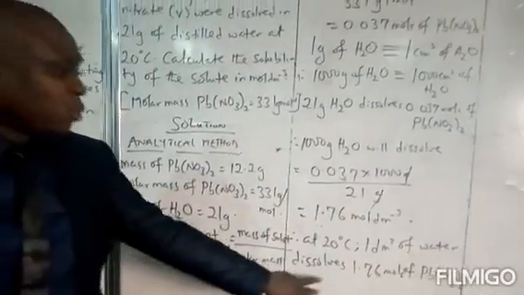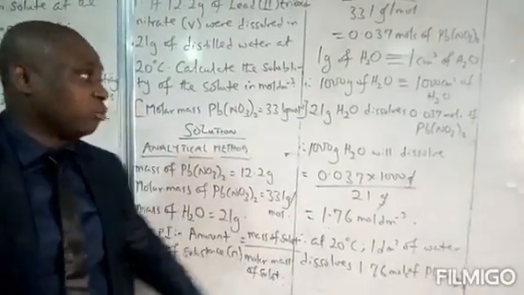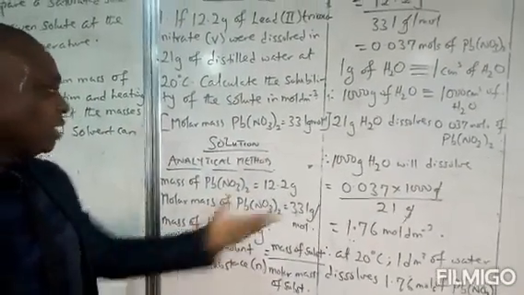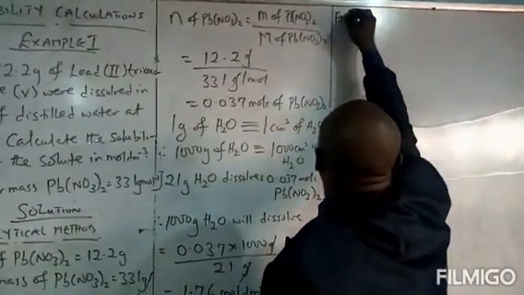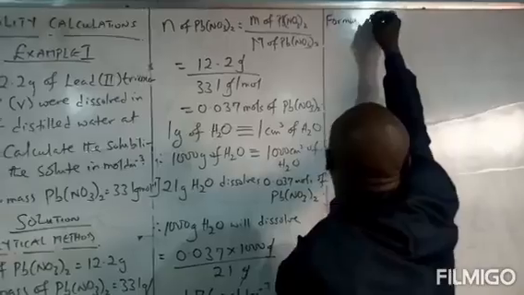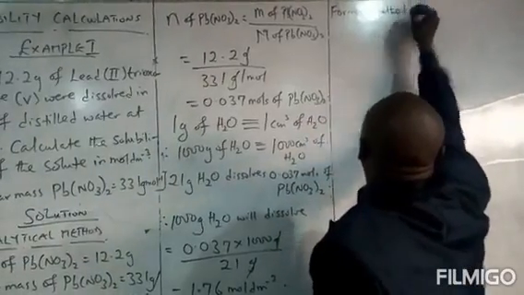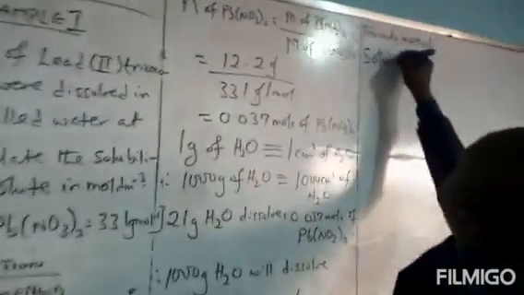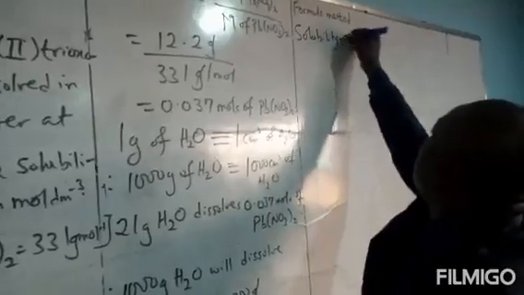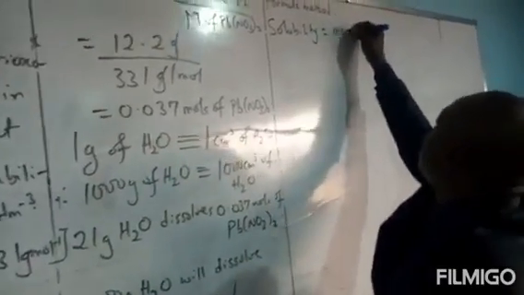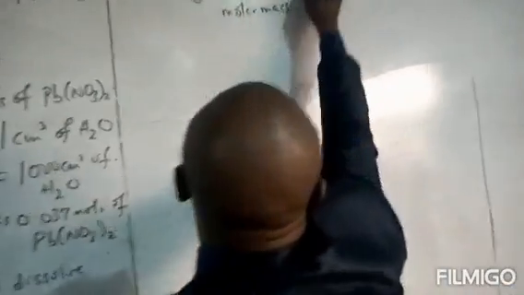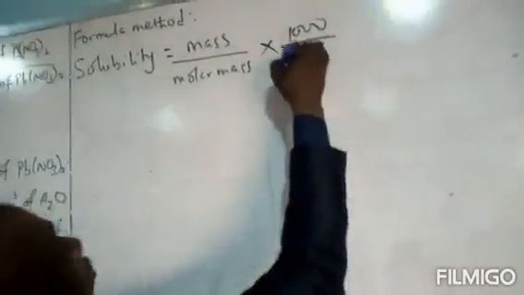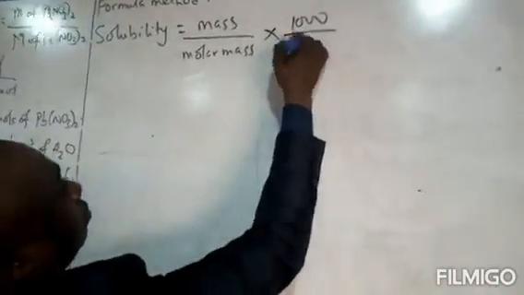If you have any question, of course, you can send them to my private chat. What is the second method? The second method is the formula method, which is very easy. Solubility is mass over molar mass times 1,000 over the volume given.